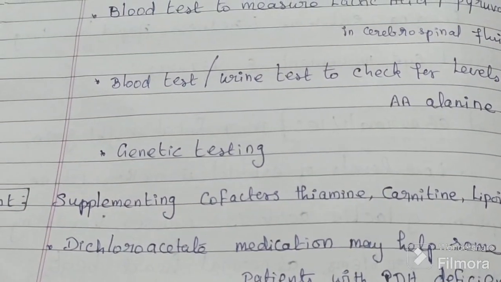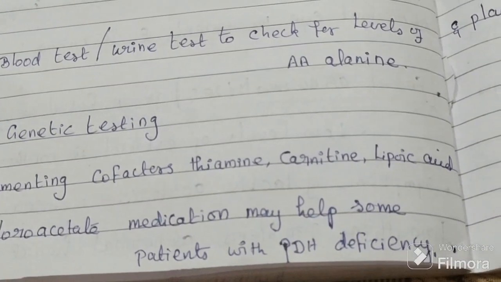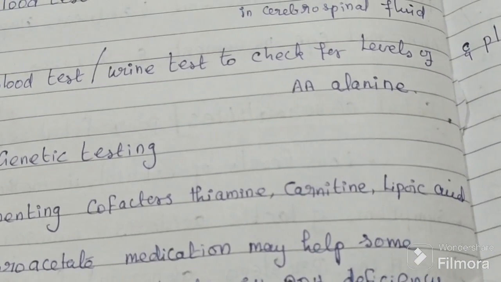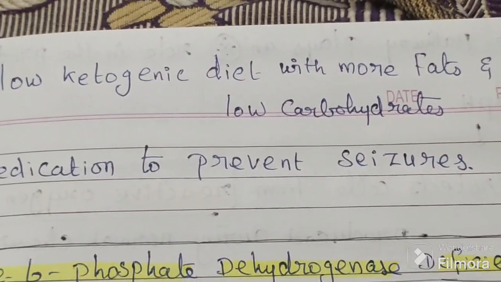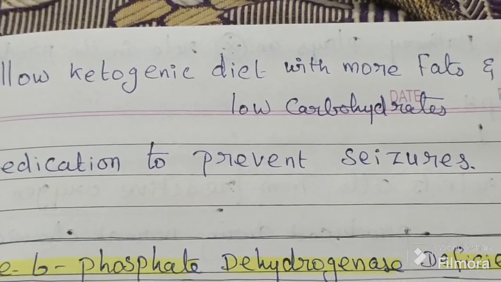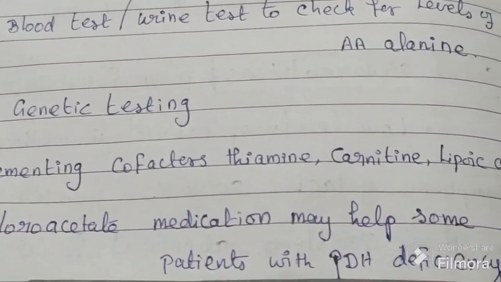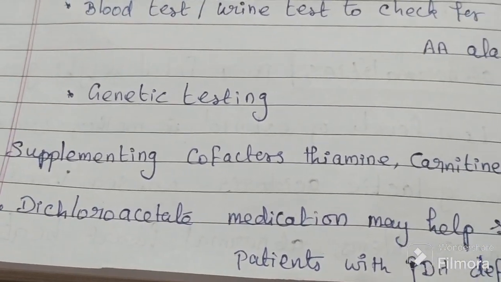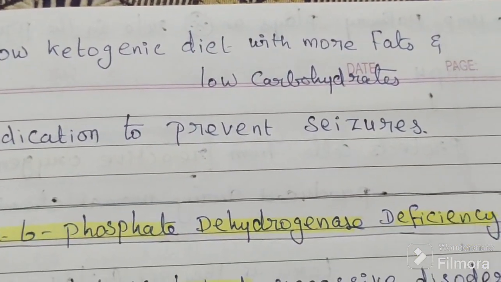Then dichloroacetate medication may help some patients with pyruvate dehydrogenase deficiency, followed by a ketogenic diet with more fat and low carbohydrate, and medication to prevent seizures.